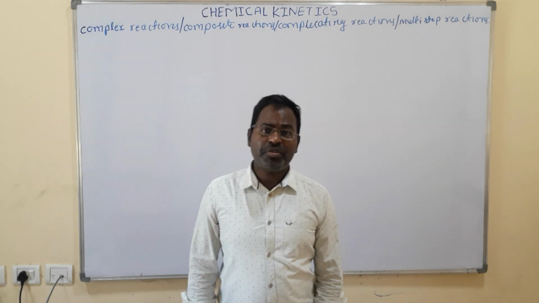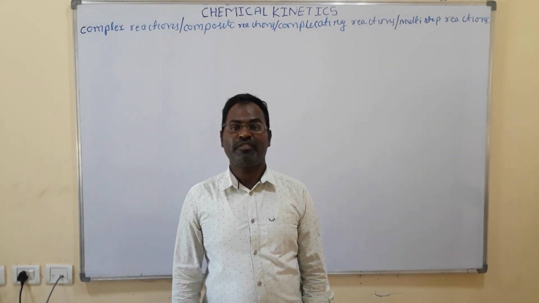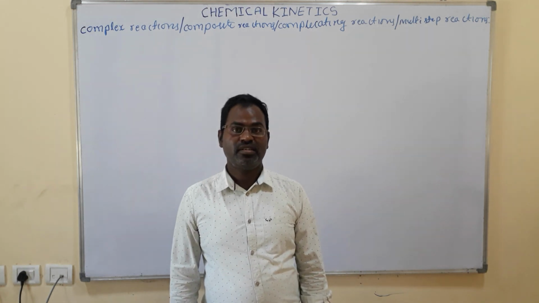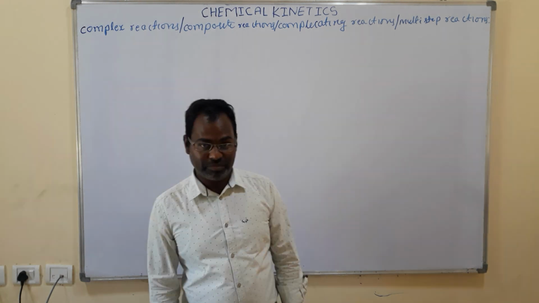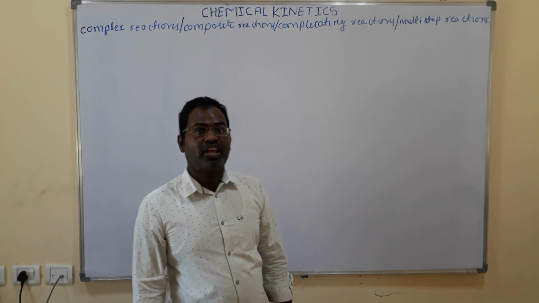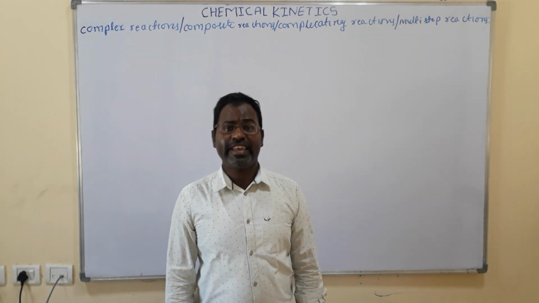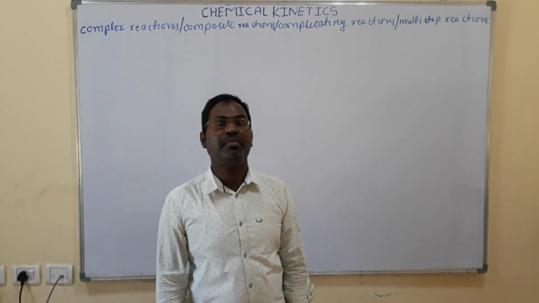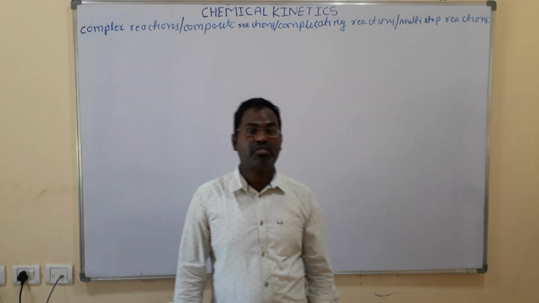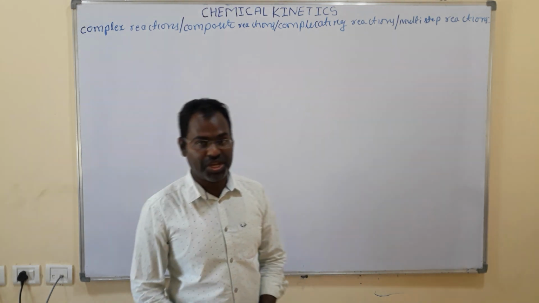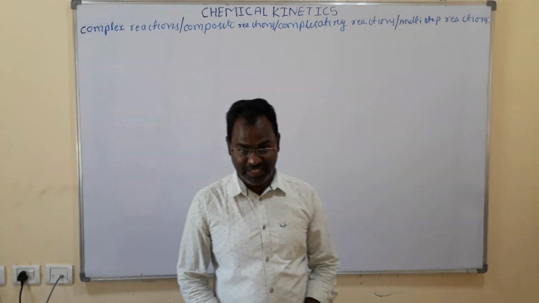Hence, the interpretation of the rate of the reaction becomes quite difficult, and the smooth progress of the reaction is disturbed. Therefore, chemical reactions which take place as a sequence of elementary reactions are called complex reactions, complicating reactions, composite reactions or multi-step reactions.